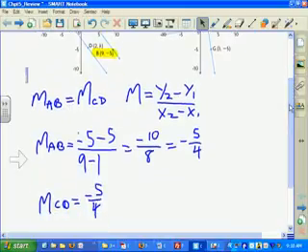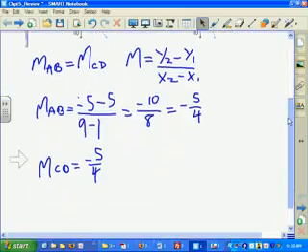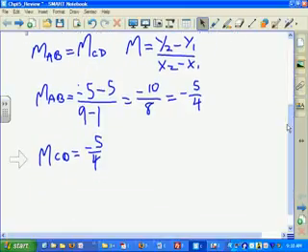Sub it into here. Interesting. Okay. So we know that this is equal to, again, right here.